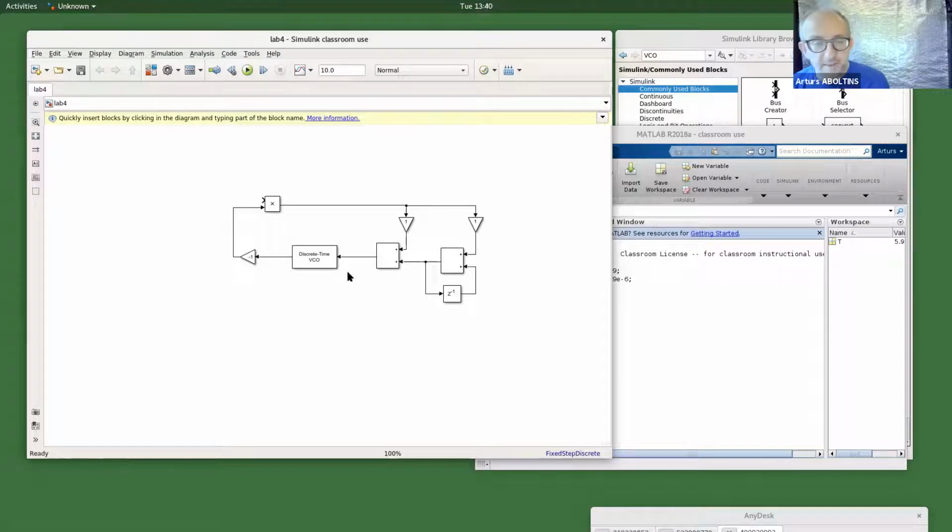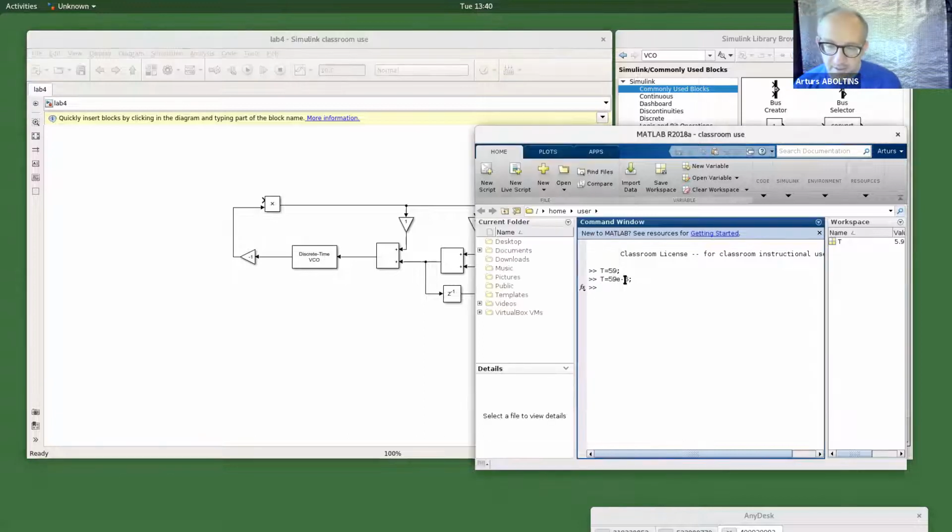Now this is a frequency which we have to generate. It is exactly 1000 times higher than this sample rate.